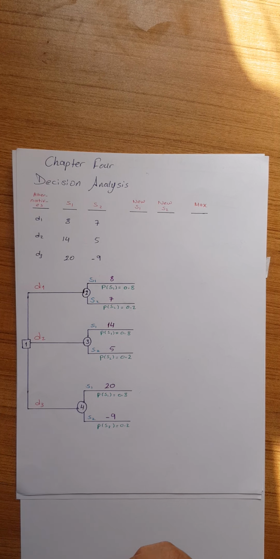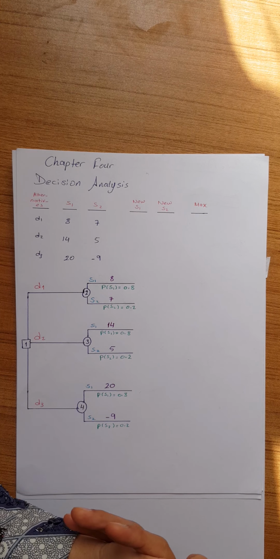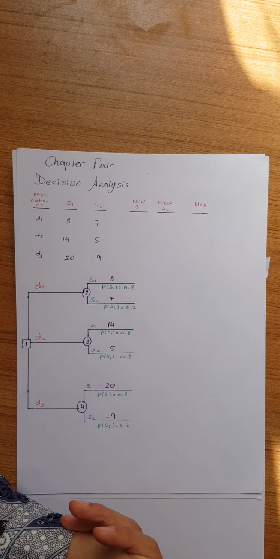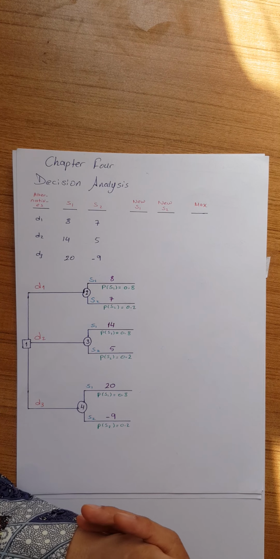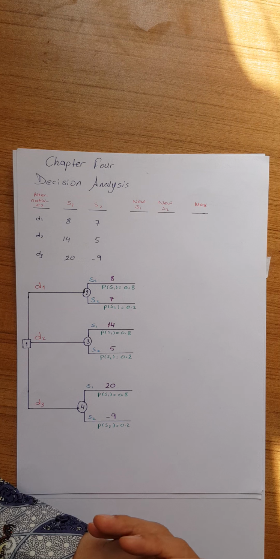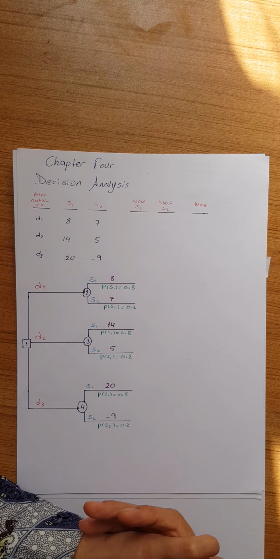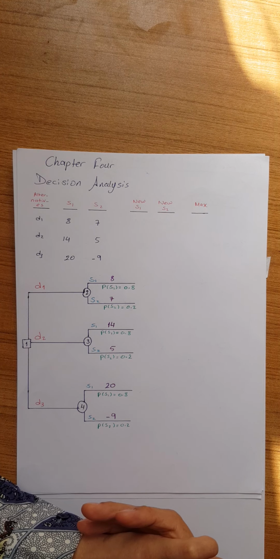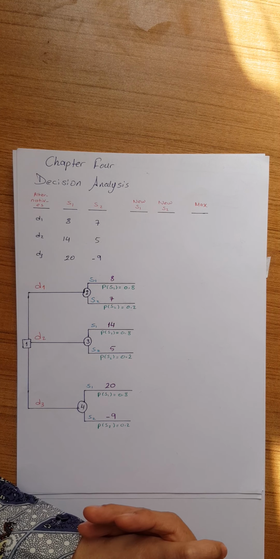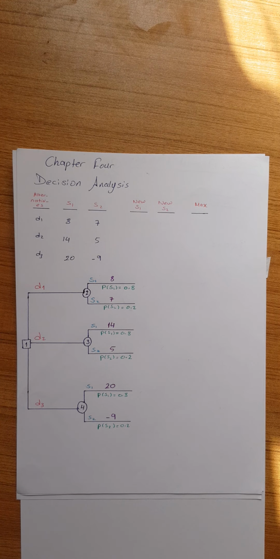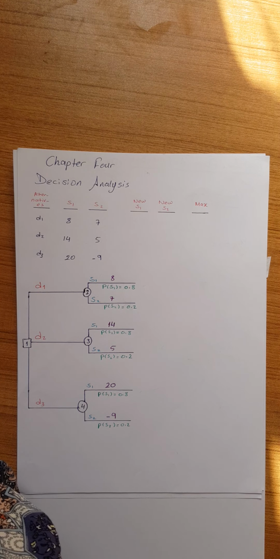Then we studied decision making without probabilities, then decision making with probabilities, and what the difference between them is, and which one is better for a decision maker, so that he or she decides which alternative is good to be chosen. And of course, when a decision maker is making a decision, the goal is to find the optimal strategy, the optimal solution for the problem at hand.